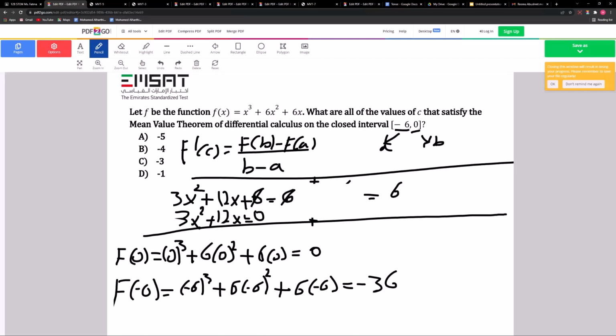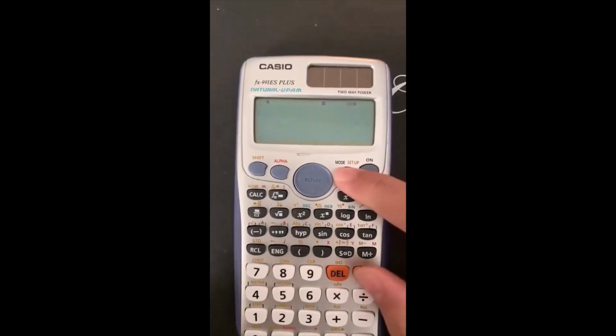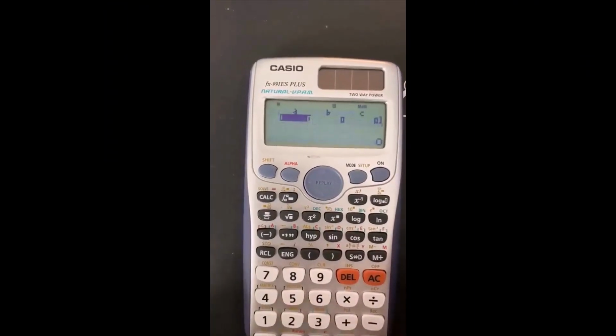Then we put the a, the b, and the c. I will show you now. The a we have 3, and the b is 12, and the c is 0. This is for the quadratic function. With the calculator, we press mode, then 5, 3.